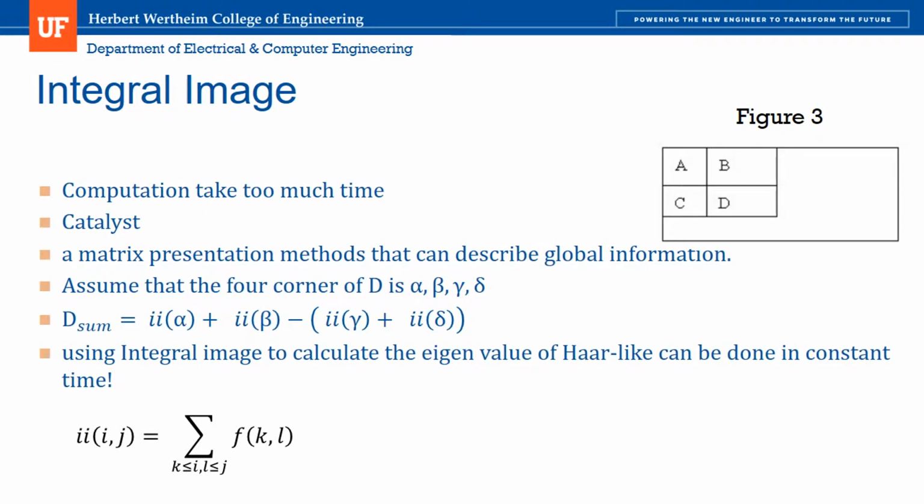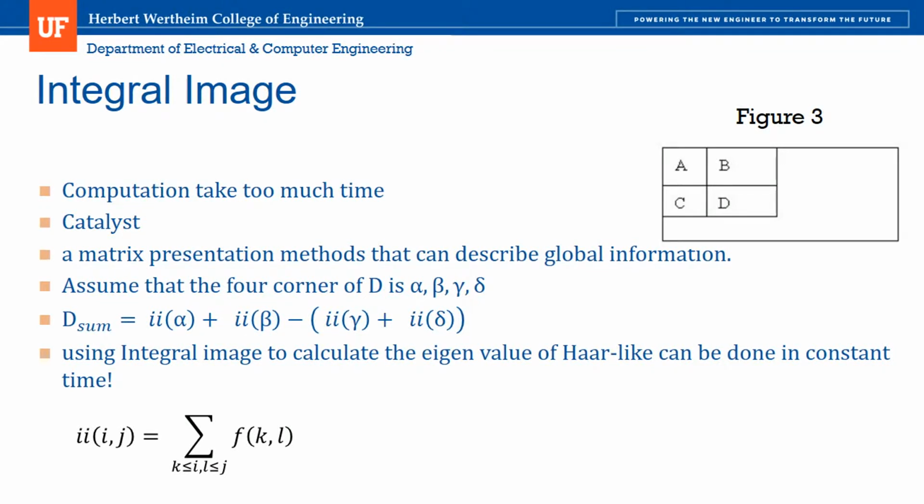Integral image is a matrix presentation method that can describe global information. Figure 3 is an illustration of the integral image. Assume that the four corners of D are alpha, beta, gamma, delta.